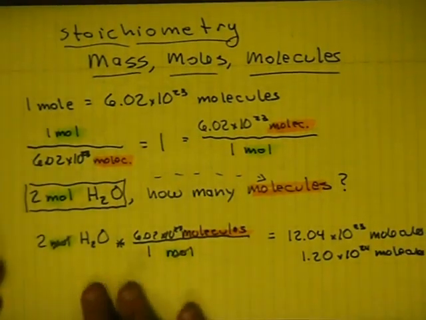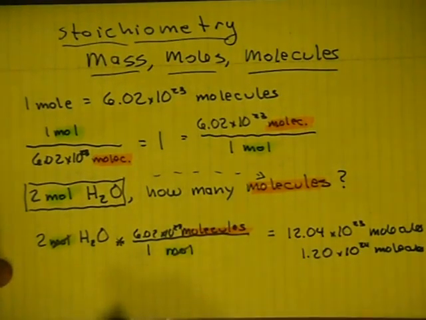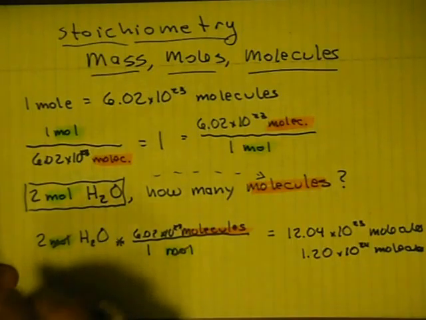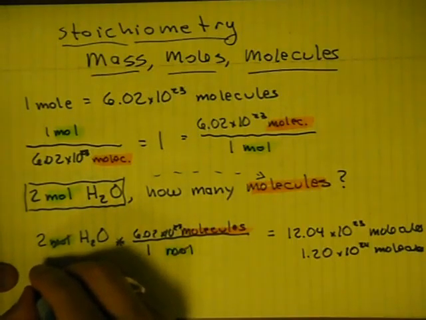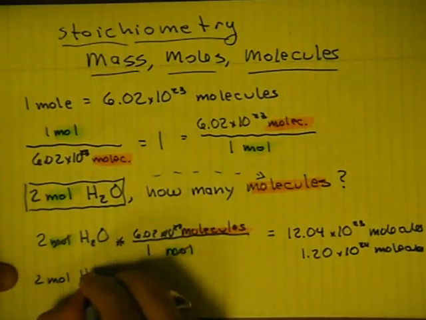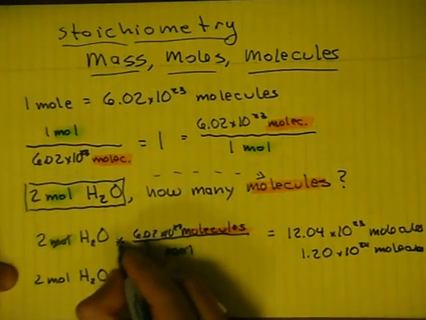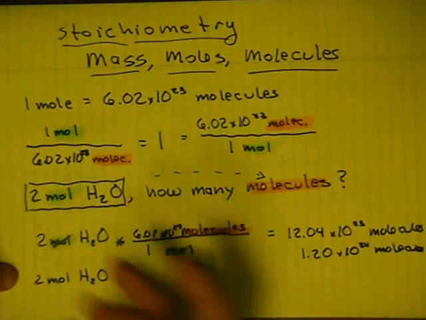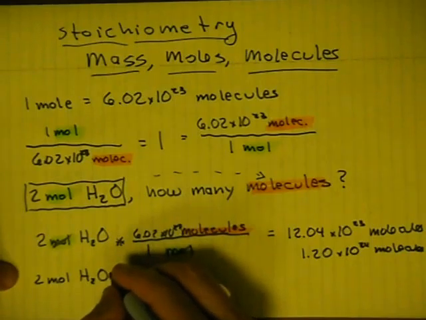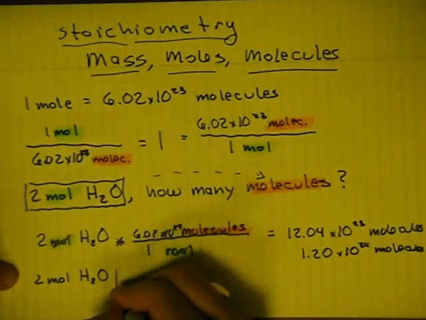So just another way we can set it up. Same answer, just a different way to set it up. It depends on how you might like to graphically organize, but we can do it this way as well. So instead of using the asterisk to indicate multiplication or parentheses or whatever, this is another way that I was taught, just to show you.